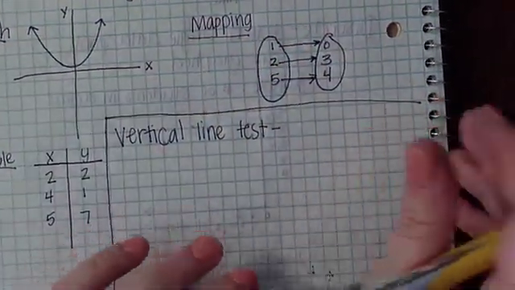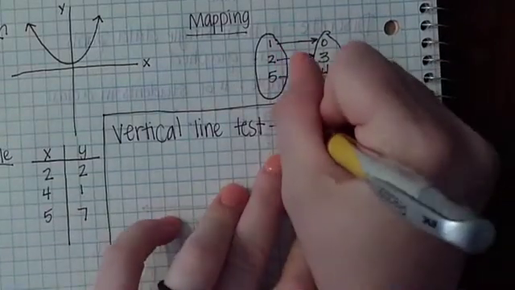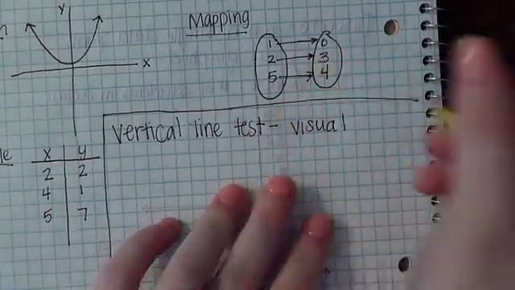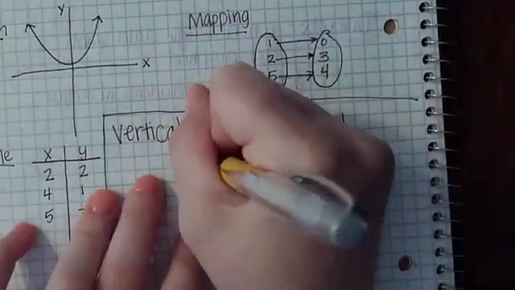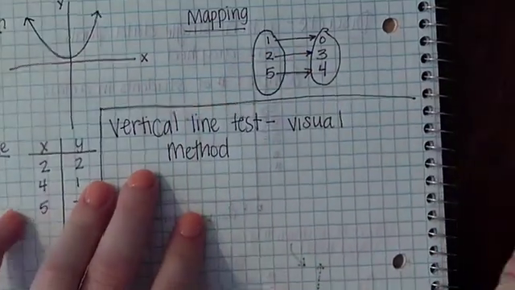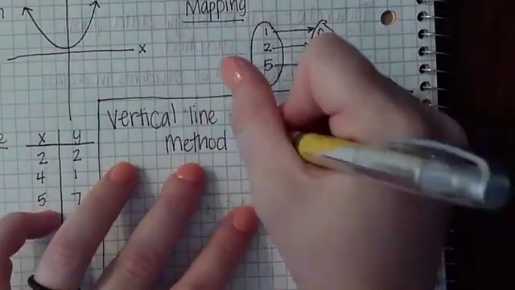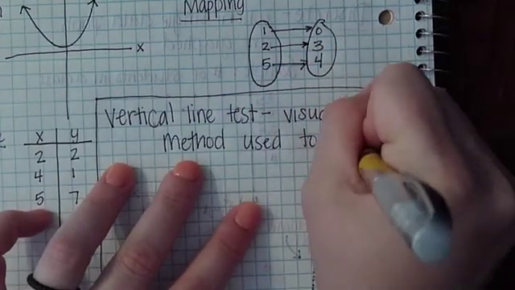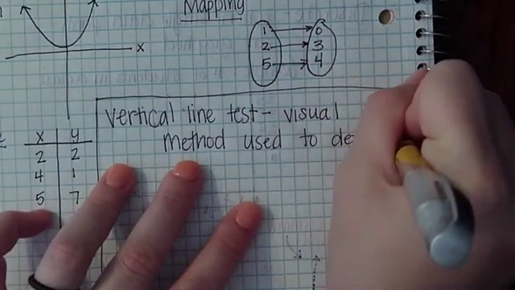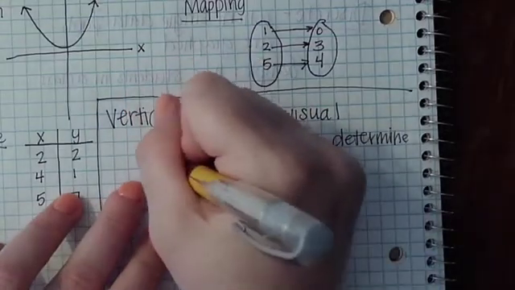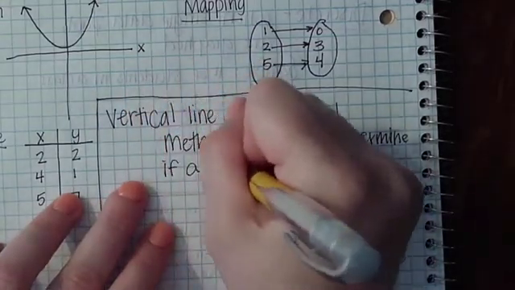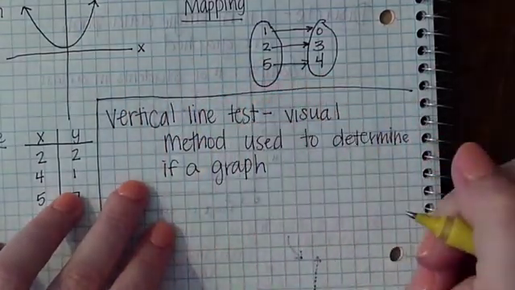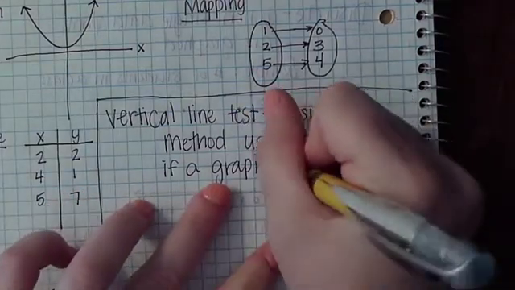So is a visual method used to determine if a graph is a function.